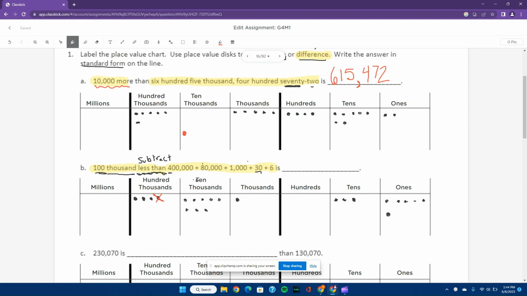Okay. And what number am I left with now? Well, now I have a 3 in the 100,000s. I still have my 8 in my 10,000s. 1 in my thousands. Here's where my comma would go. No hundreds, so I need to put a 0 there. 3 tens and 6 ones to make 381,036.